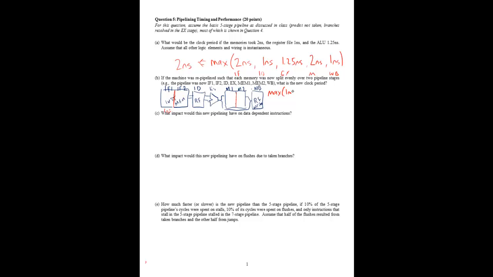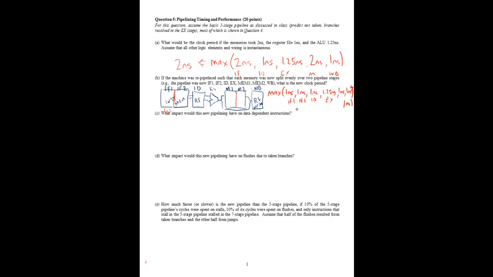Now we're taking the max of these 2 1 nanosecond IF stages, the 1 nanosecond ID stage, a 1.25 nanosecond EX stage. The 2 MEM stages are also 1 nanosecond each, and then the write back stage is 1 nanosecond.